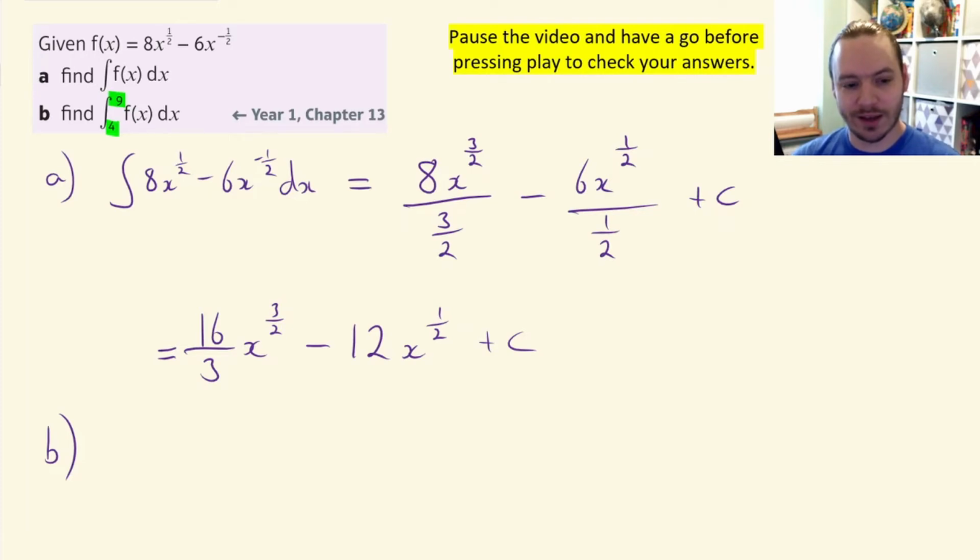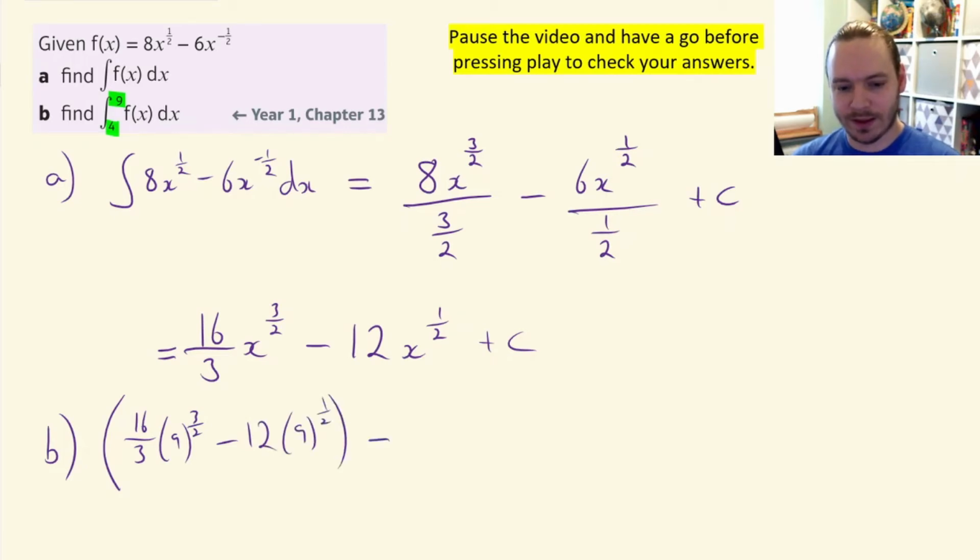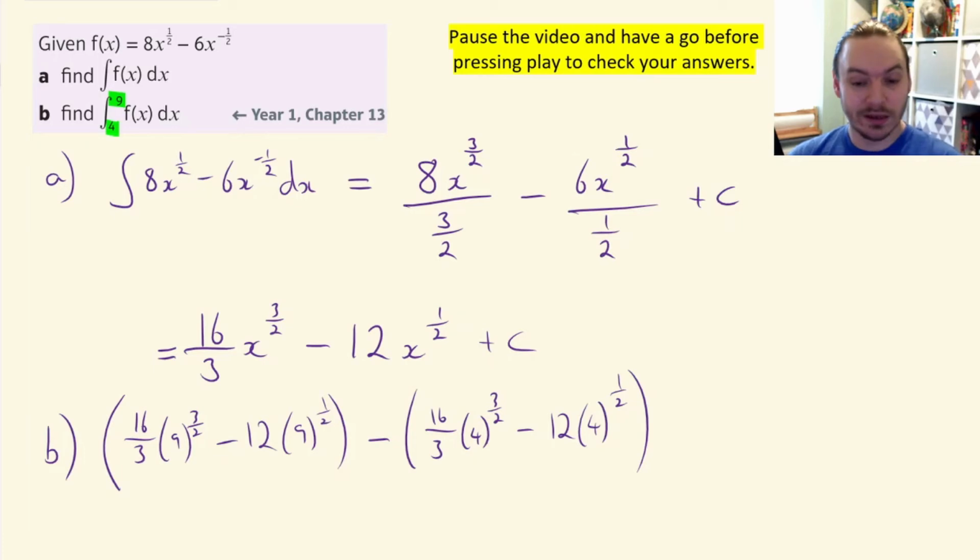So I substitute 9 in, so I have 16 over 3 times 9 to the 3 over 2, take away 12 times 9 to the half, take away, and then I substitute 4 in. So 16 over 3 times 4 to the 3 over 2, take away 12 times 4 to the half. And remember that when we put limits in, the plus c disappears because I have a plus c in both brackets, they just cancel each other out.